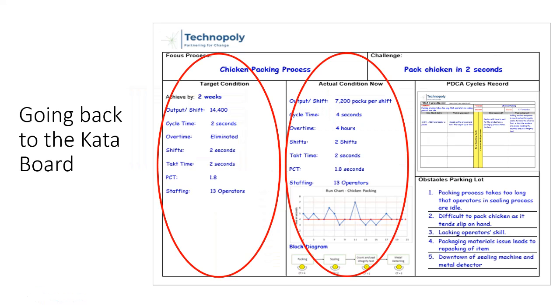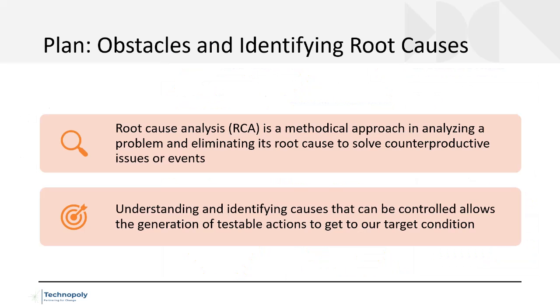The kata board can help us understand this gap by documenting what needs to be happening in the target condition and comparing it to what is happening in the actual condition now. Once the gap or problem has been identified, the team has to further understand what the reasons are that are causing the current situation.